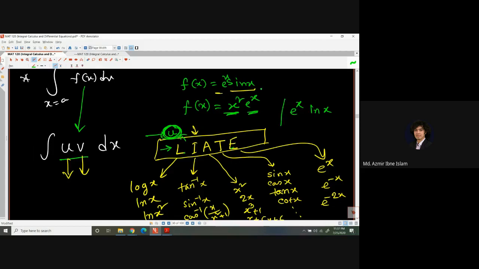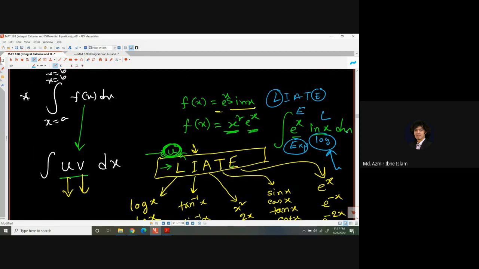If we have this type of integral, out of these two parts in uv form, at first we can guess, but which part should be considered as u, you have to understand by using the LIATE form. Here we have a combination of a logarithmic function and an exponential function. So L and E, according to LIATE, L comes first, then E. So that means u will be ln x.